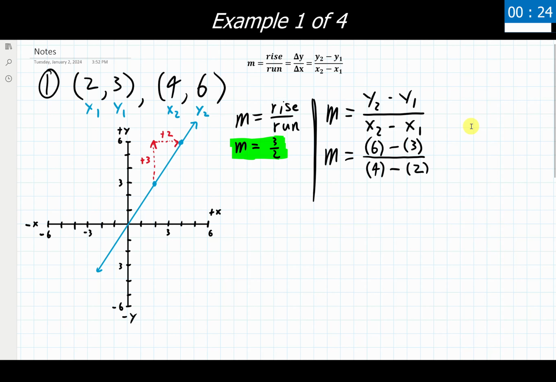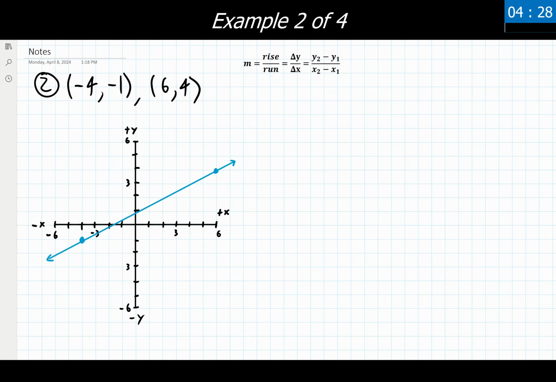And now that I have these accurately plugged in, I can go through and simplify this whole thing down. And I find in doing so that I am also getting a positive slope of positive 3 over 2. We have our 2 different ways of finding the slope between these 2 points for this first example.